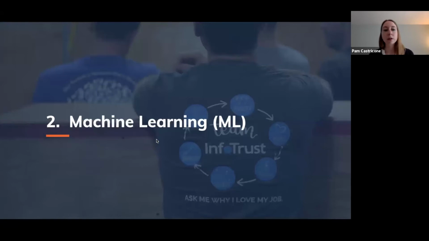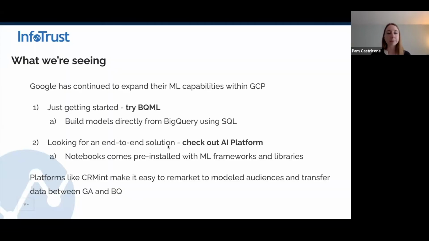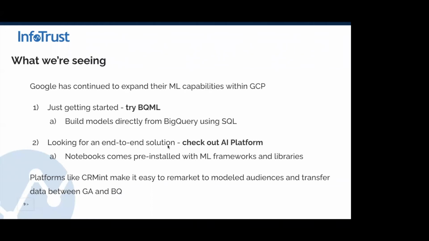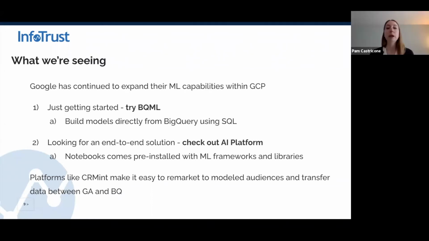The next trend we're seeing with enterprises using GCP is diving into machine learning, or ML. So over the past year and a half, Google has continued to expand their machine learning capabilities within Google Cloud. So if your team or organization is new with predictive modeling, we recommend getting started with BigQuery ML or BQML.